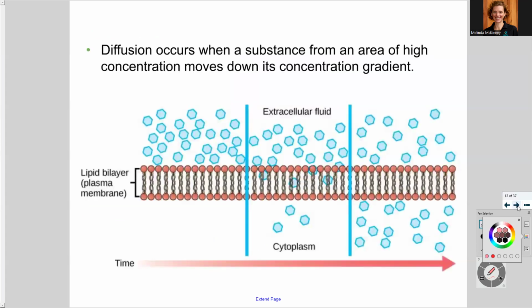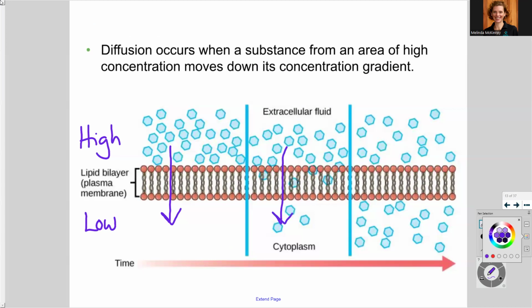The direction of diffusion is always going to go from a high concentration to a low concentration. So in this example, if you have a high concentration of, say, water outside the cell and a low concentration inside, then it's going to go from high to low. Okay. And this is showing simple diffusion, so it's going straight through.